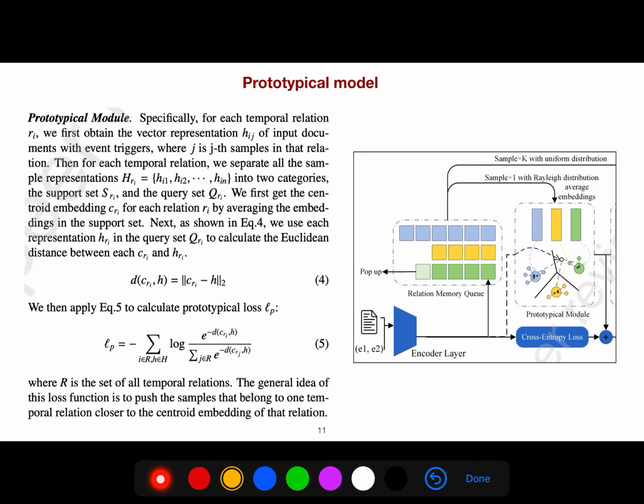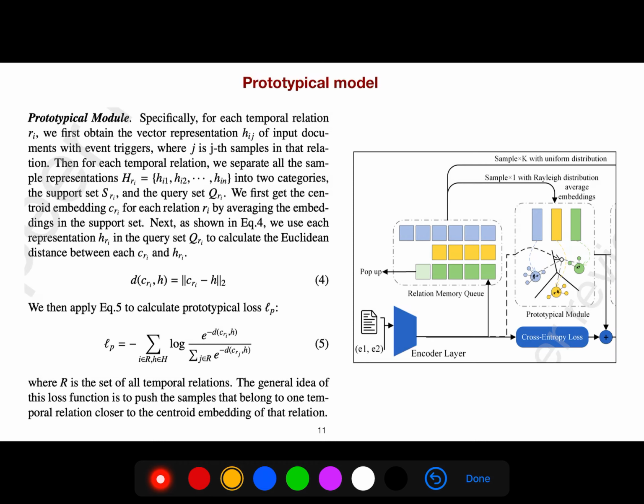Then for each temporal relation, we separate all the sample representations into two categories, the support set and the query set. We first get the centroid embeddings for each relation by averaging the embeddings in the support set. Then we use each representation in the query set to calculate the Euclidean distance between each centroid C and representation H.